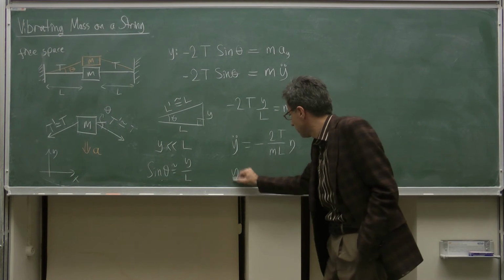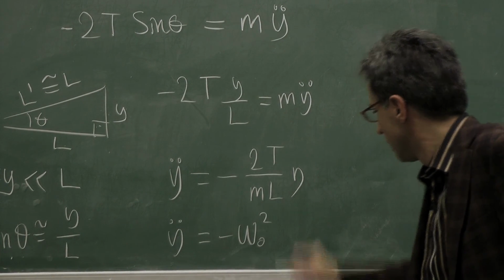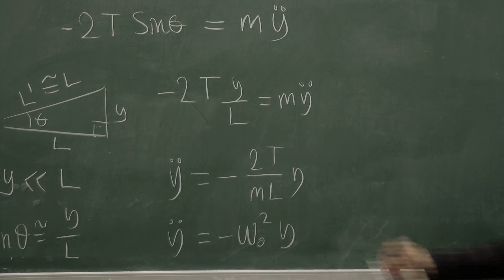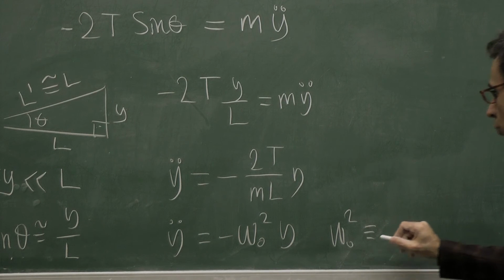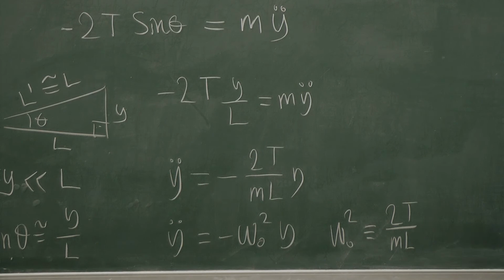So y double dot is equal to negative omega naught squared y for convenience, where omega naught squared is defined to be 2T divided by mL.